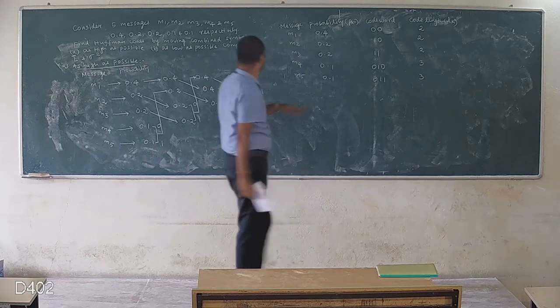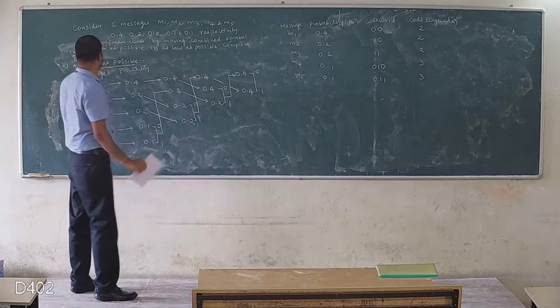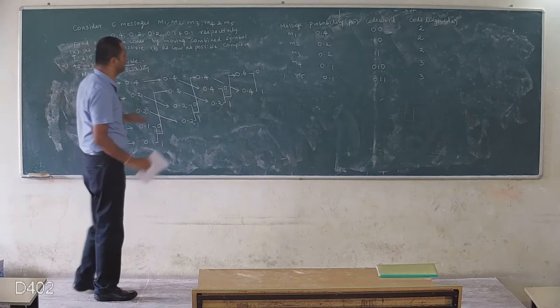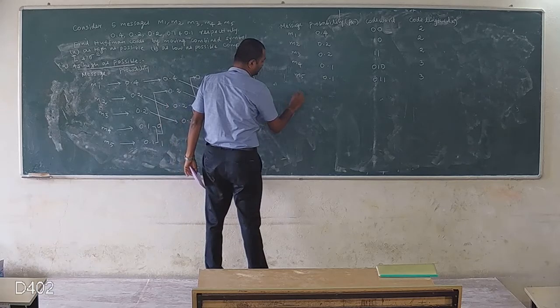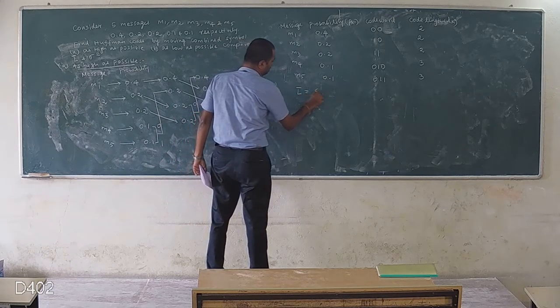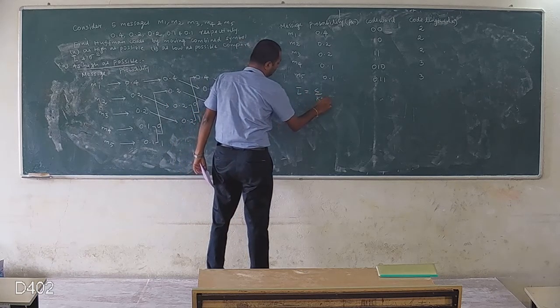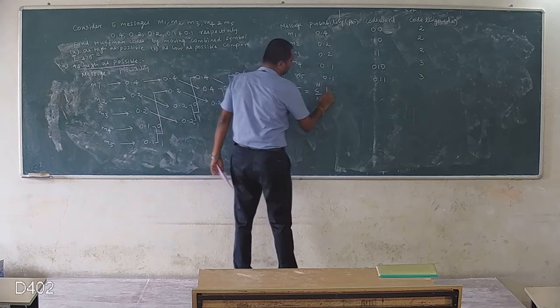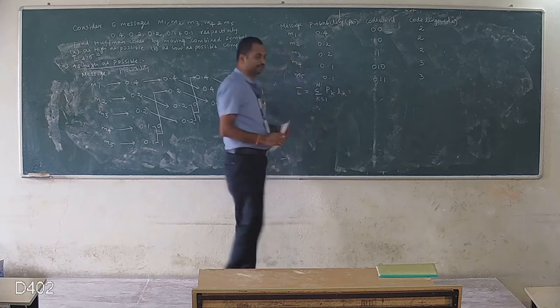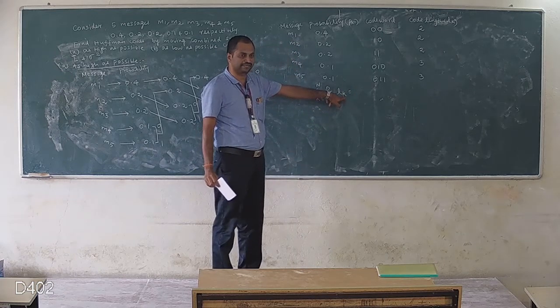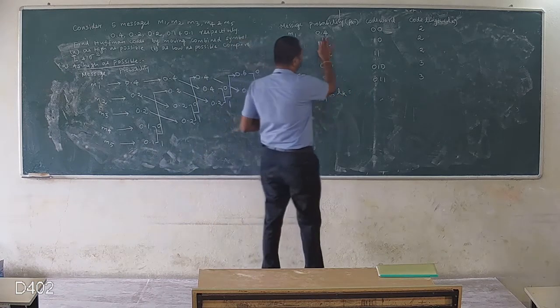After finding the code words, we need to compute the average code word length L bar and the variance sigma square. The formula for computing average code word length L bar is equal to summation k equals 1 to n of pk into lk, where pk is the probability of occurrence and lk is the length of the code word. We know the probability of occurrence and length.